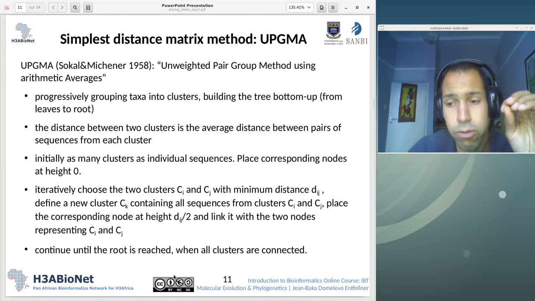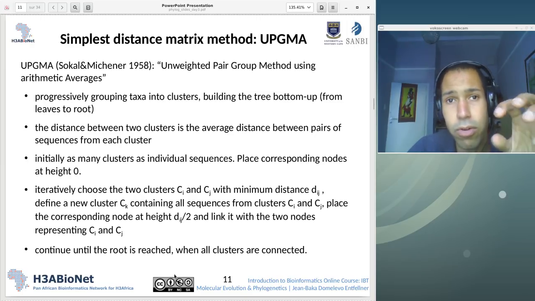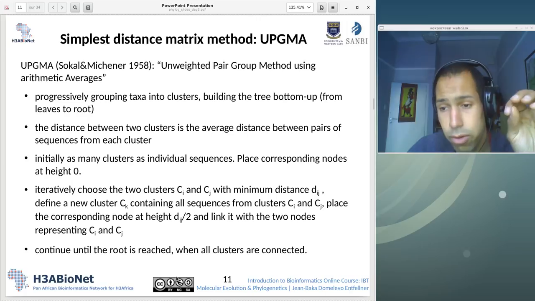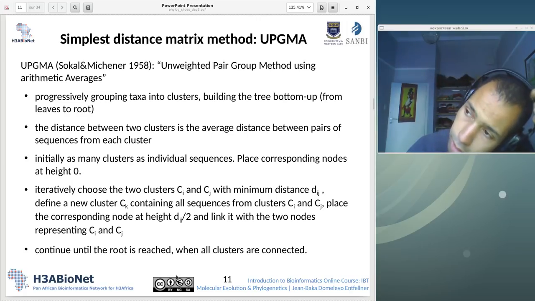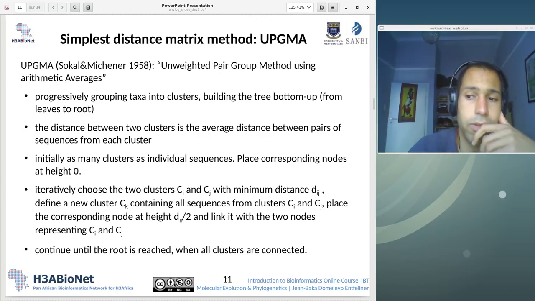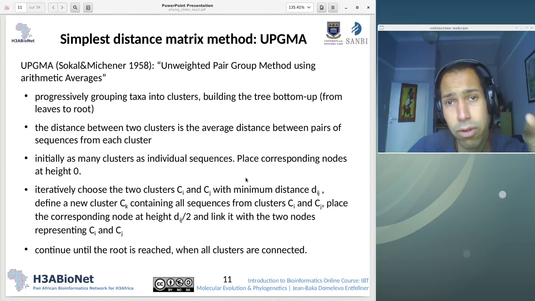You find that it's the distance between taxon A and taxon C. Then you will say, okay, I group these two and I build a branch from taxon A to taxon C, and the length of this branch will be the distance seen in the matrix. And then you have n-1 clusters. We start with n clusters, okay? But after grouping together the closest leaves, you have n-1 clusters, right?